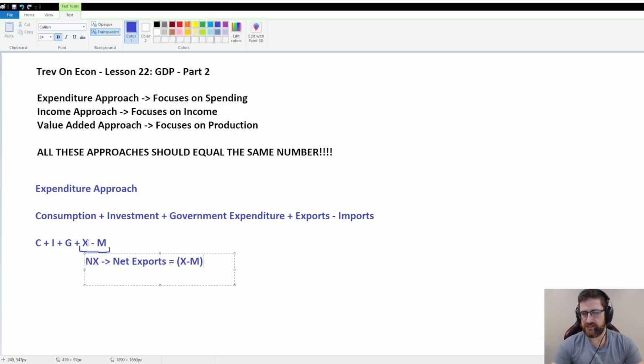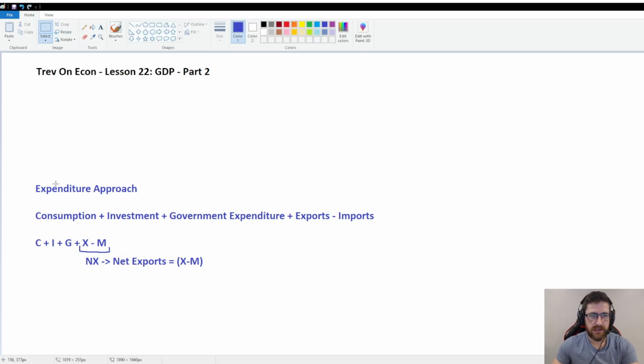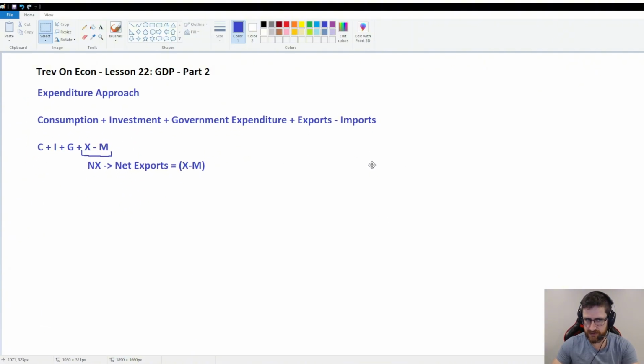I think most courses will start off by showing X minus M, but then they get lazy and they start putting NX. But you should be familiar with both approaches, or both variable names, because you're likely to see both. Now, let's break down some of these categories and talk about what they mean. Again, this is going to be the one you see most often, so we better spend the most time with it.